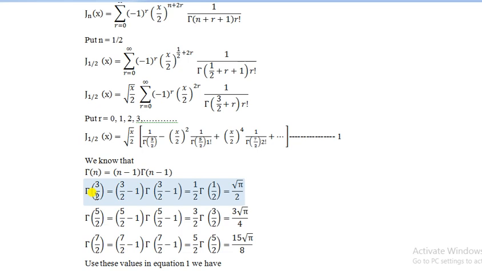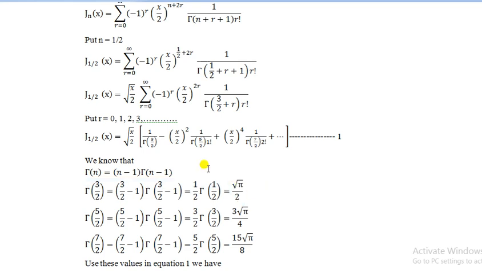So gamma of 3 by 2 is 3 by 2 minus 1, gamma of 3 by 2 minus 1. So 3 by 2 minus 1 becomes 1 by 2, gamma of 1 by 2. And the standard value of gamma of 1 by 2 is square root of pi. So square root of pi into 1 by 2 becomes square root of pi by 2.